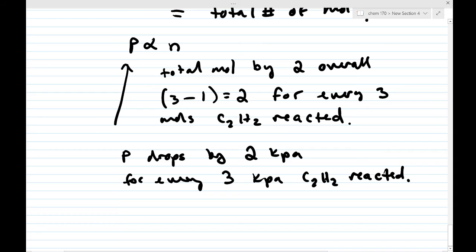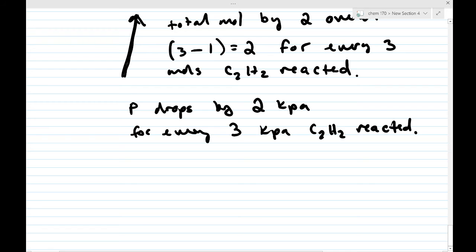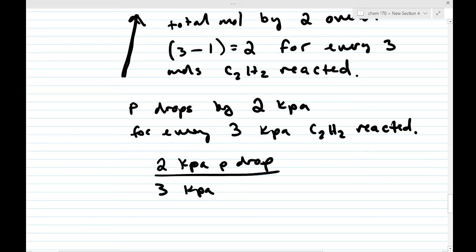It might be weird to think of a gas as having a pressure or as having a number of moles, but we can, simply because the pressure is proportional to the number of moles. So we can write it this way, and the nice thing about this is that it provides us a conversion factor. There's a 2 kilopascal pressure drop for every 3 kilopascals of C2H2 reacted.